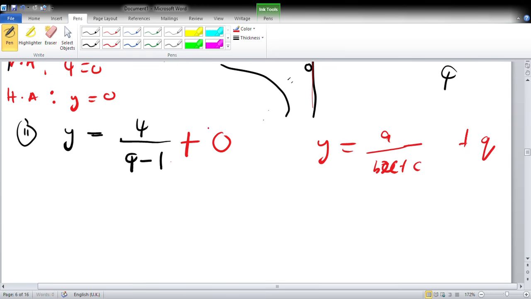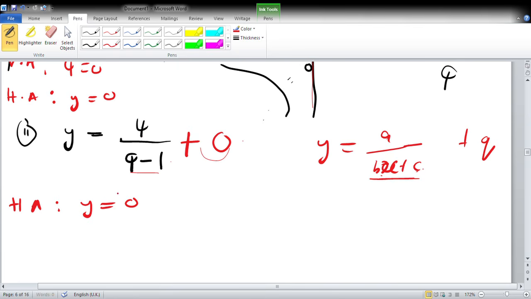Q. But there is nothing here, it is plus 0. The plus 0 tells you the horizontal asymptote, which is y equal to 0. The denominator, bx plus c, is the one which was giving you the vertical asymptote.